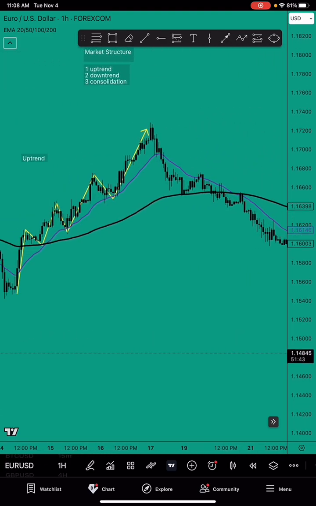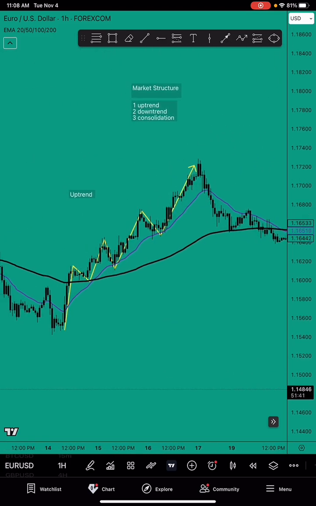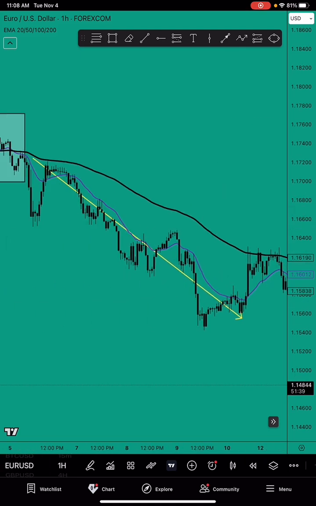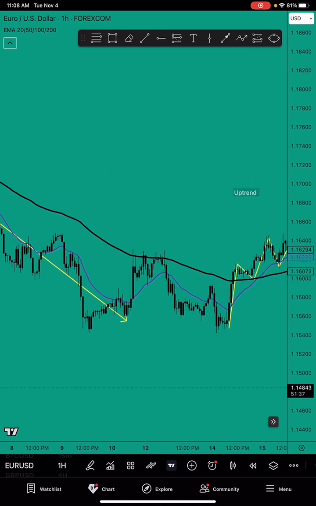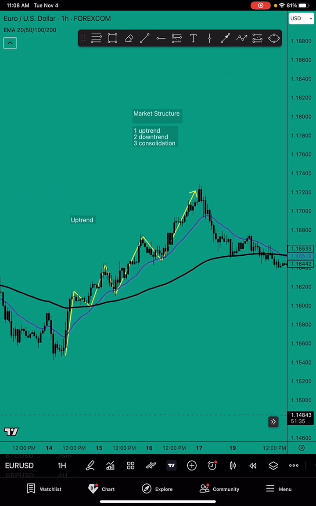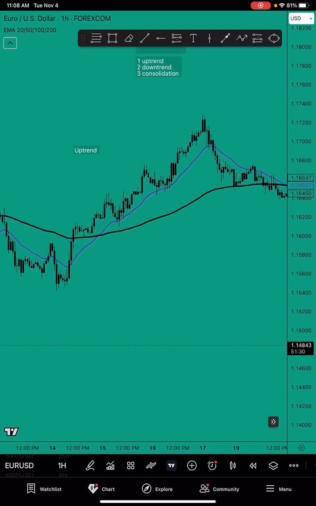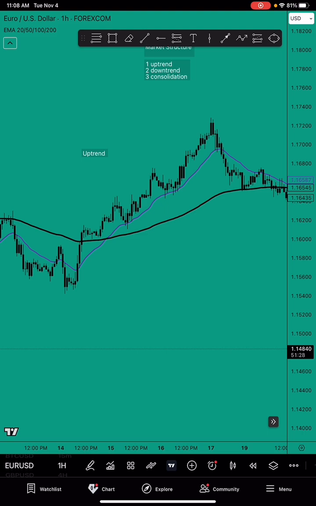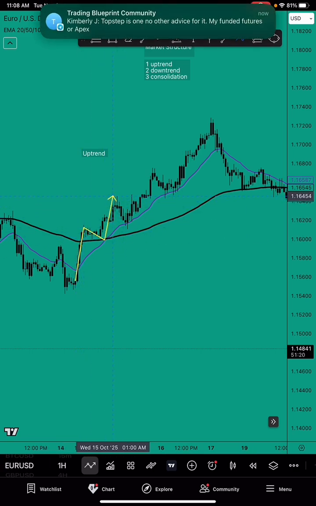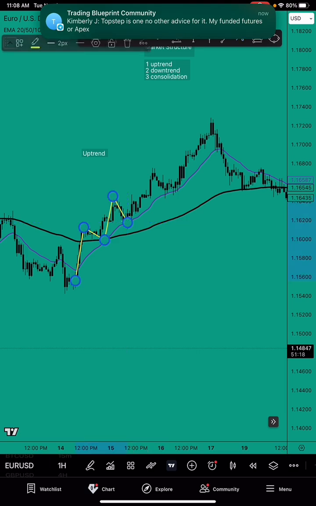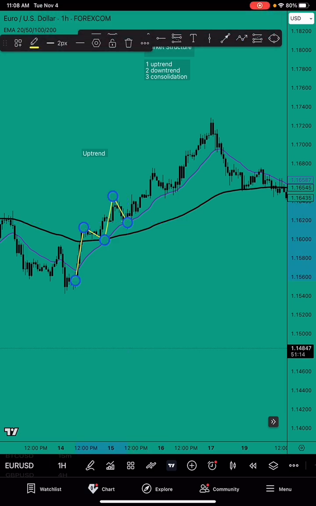So we talked about market structure, we talked about downtrend, we talked about uptrend, we even figured out consolidations. Now, what are the rules that price needs to respect? When you are in an uptrend, and the same goes for a downtrend, when price makes its high and then its low, and then its high and then its low, price cannot break its previous low.